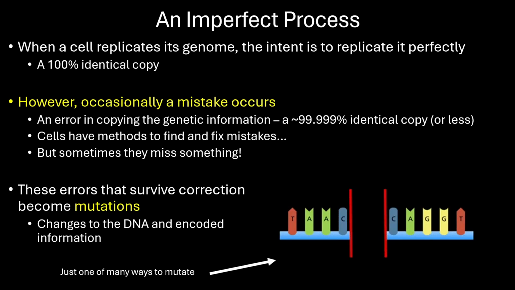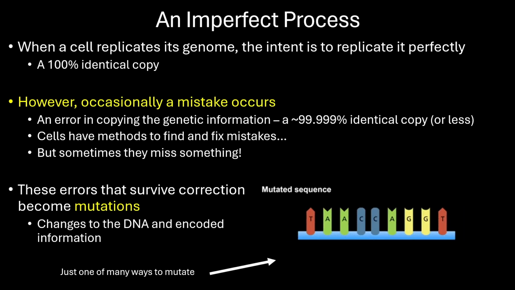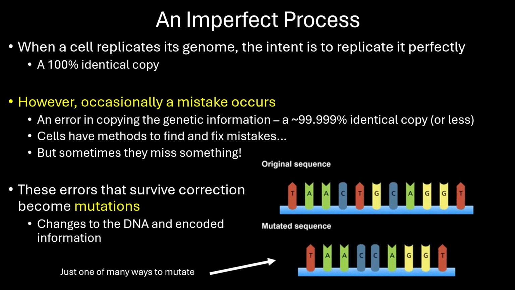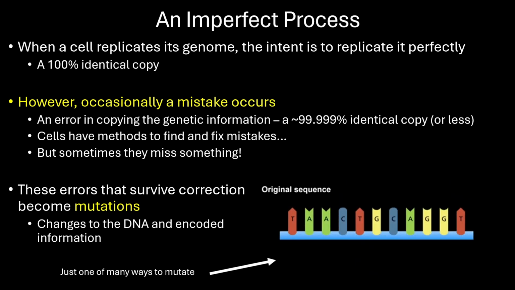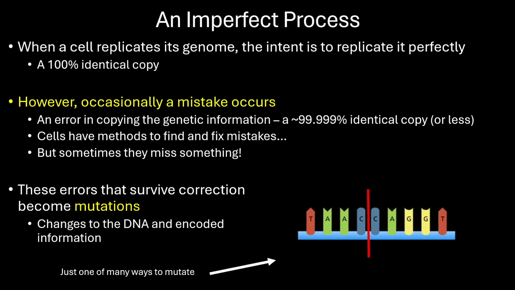Now, when a cell replicates its genome, the intent is to replicate it perfectly, to make a 100% identical copy of that genome, so that the two cells that come from that division are truly identical. However, it's very possible that mistakes can be made.